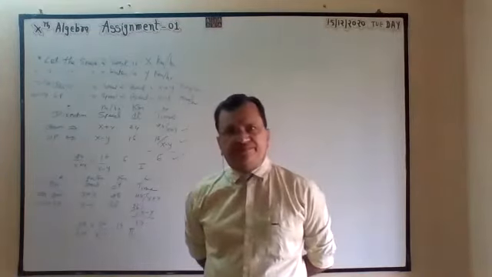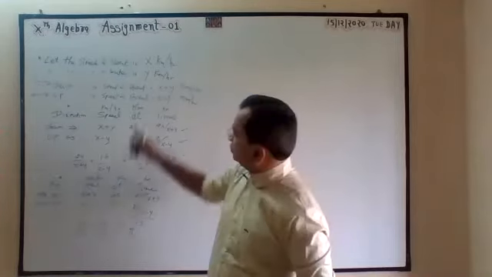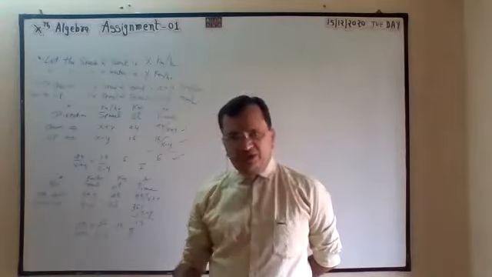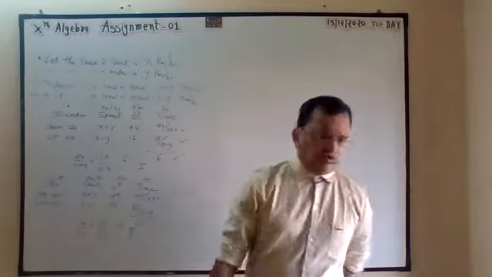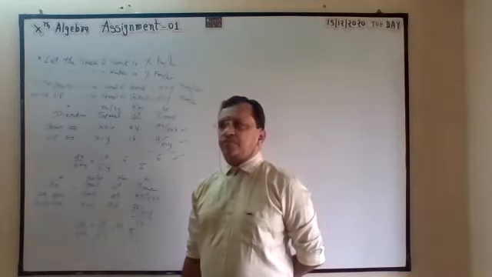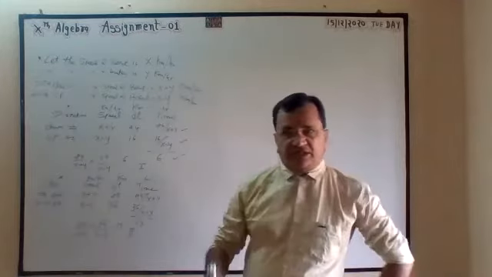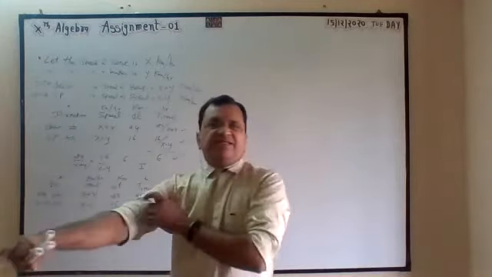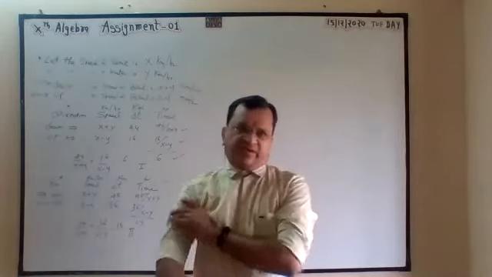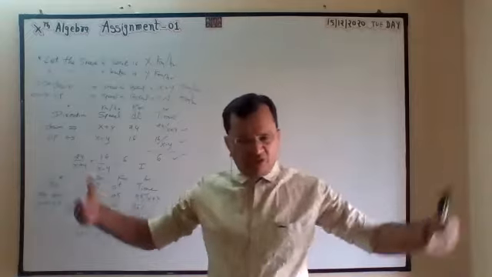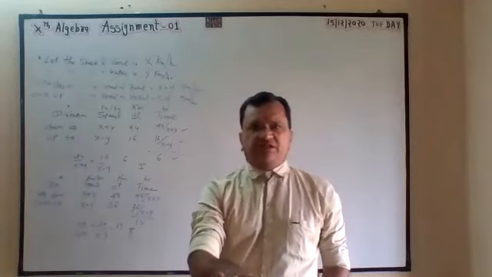In the river, speed of boat we don't know, so x. Speed of water, that also we don't know. Both we have to find out, so y. If both are in the same direction, total speed will increase, so x plus y. If both are in opposite direction, speed will decrease.